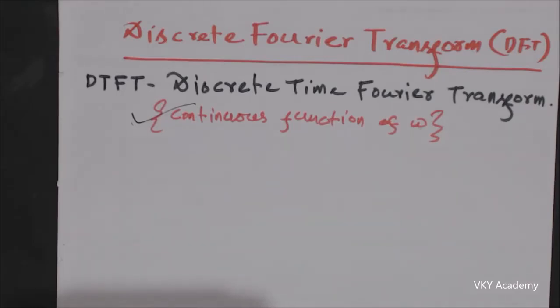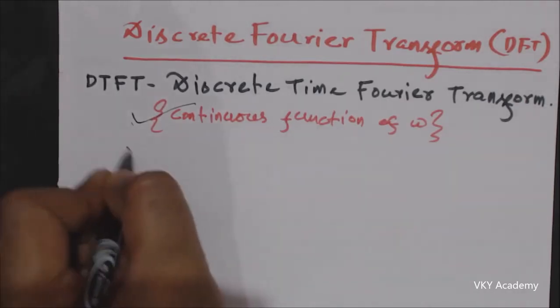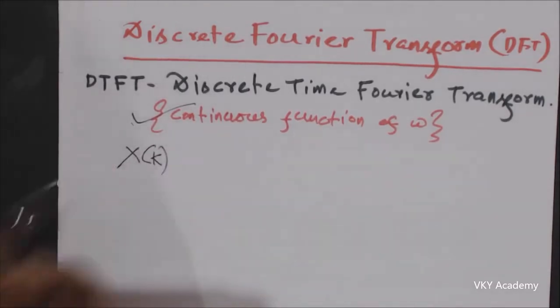The DFT is a sequence of complex numbers represented as capital X of k, where k is equal to 0, 1, 2, 3, 4, 5, all positive integers. Since X of k is a sequence consisting of complex numbers, the magnitude and phase of each sample can be computed and listed as a magnitude sequence and a phase sequence respectively.